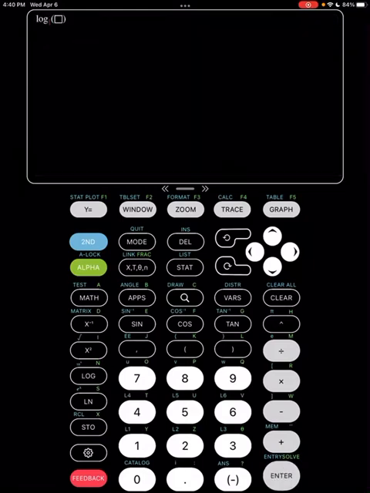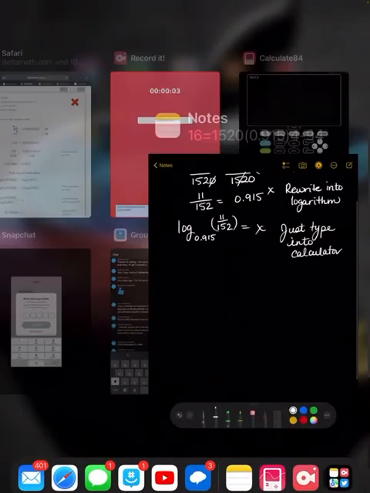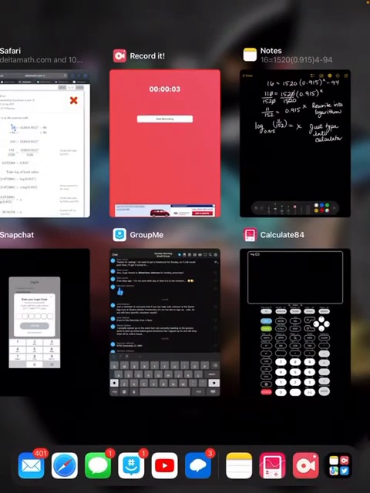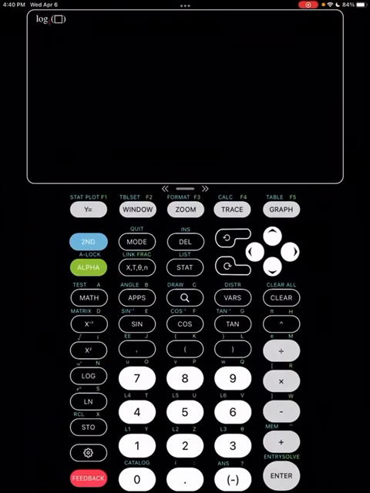And then you can type the value of the log base, which in this case is 0.915 and 11 over 152. So let's see if I can remember that. So we're going to put 0.915 and then arrow over, and then we're going to do 11 over 152. Did I remember that number correctly? 11 over 152, that's correct.